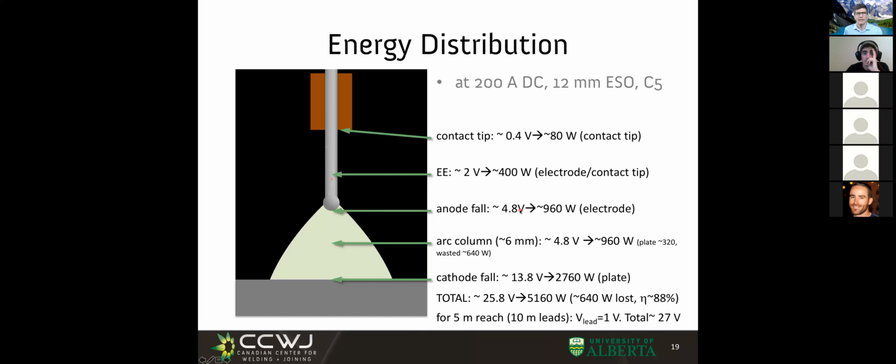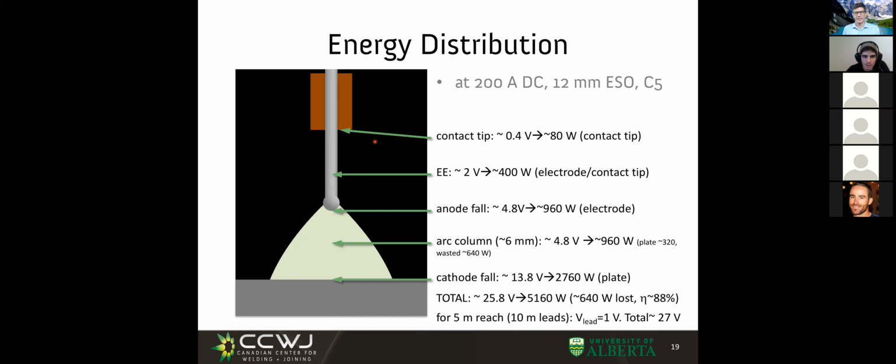The stick out matters. So if I were to have a longer stick out, right? Say I somehow have the same current, and I have a longer stick out. Do you think the wire feed speed I need in MIG should be higher or lower?